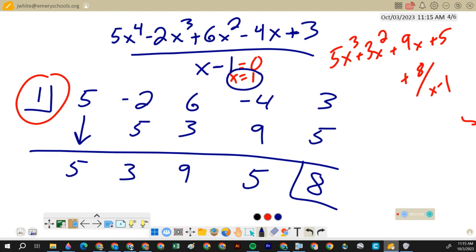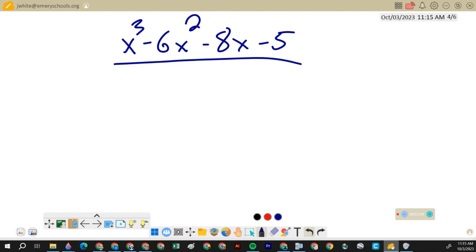So if this was x plus 4, what would go in the corner? Negative 4. So let's do one of those. Okay. What number goes in the corner?